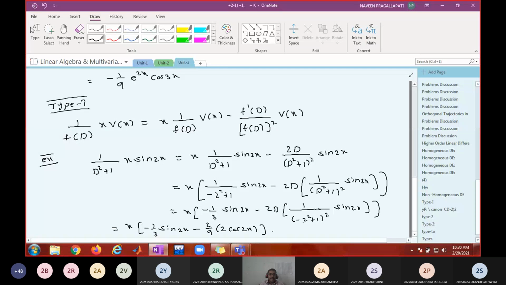So this is minus x by 3 sine 2x minus 4 by 9 x cos 2x. Is this fine?